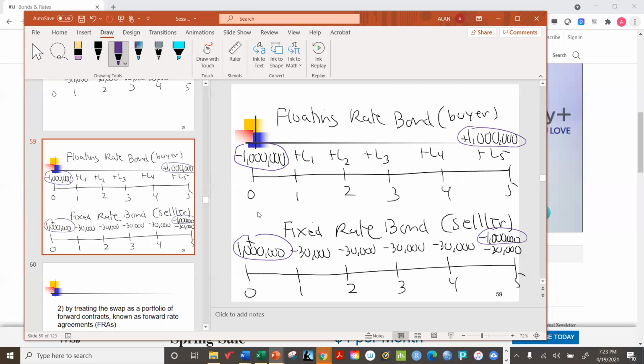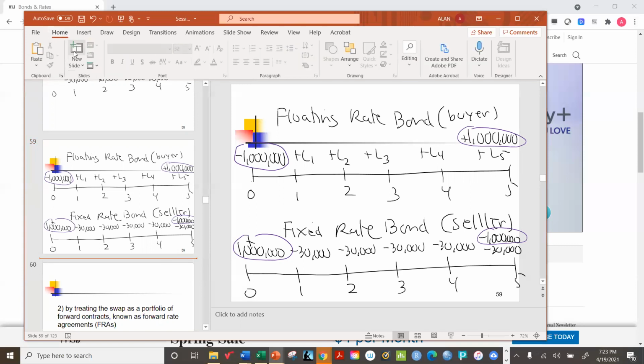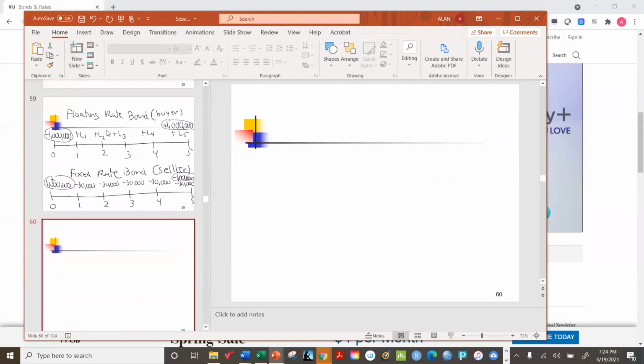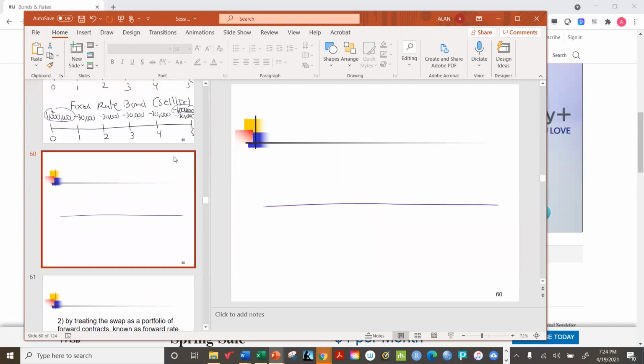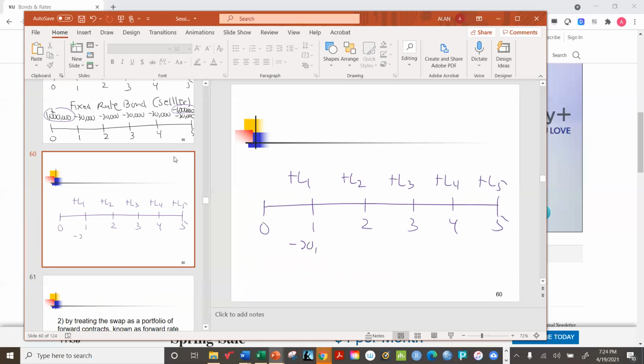So if you look at the net cash flows that remain behind, I guess I could draw it in purple, it doesn't matter. This is just exactly what we had before. In other words, up here we have plus L1, plus L2, plus L3, plus L4, plus L5, minus 30.